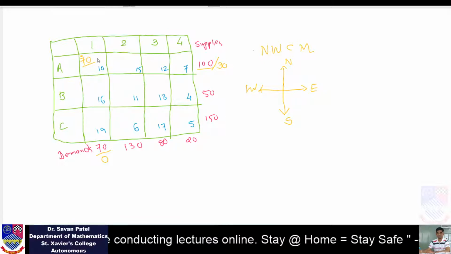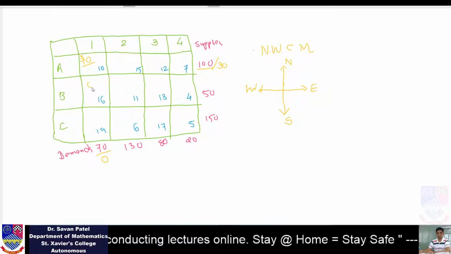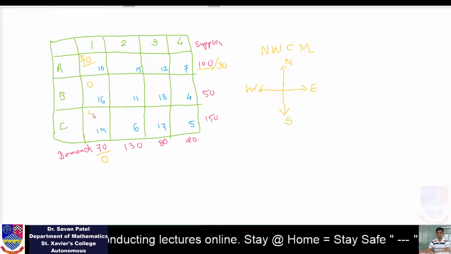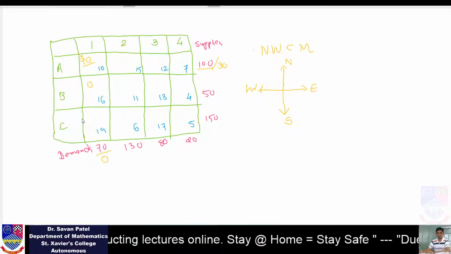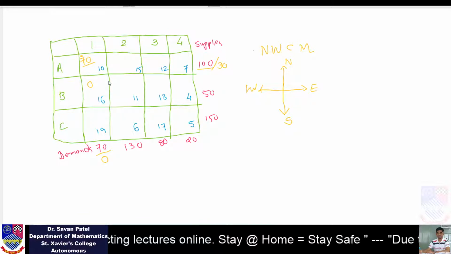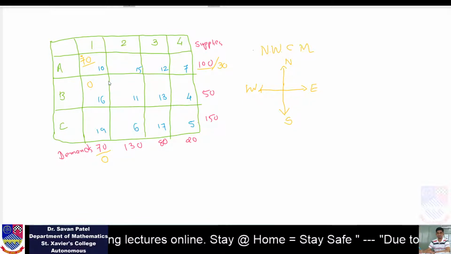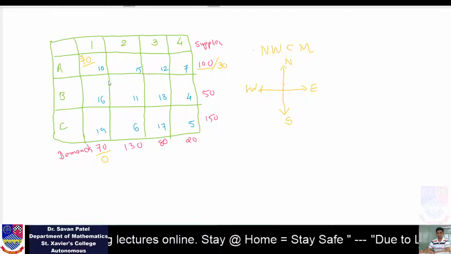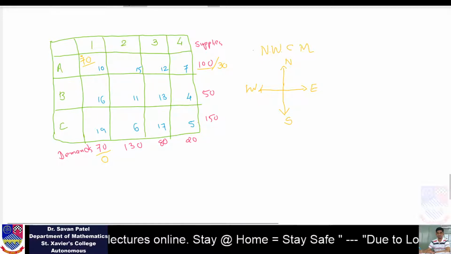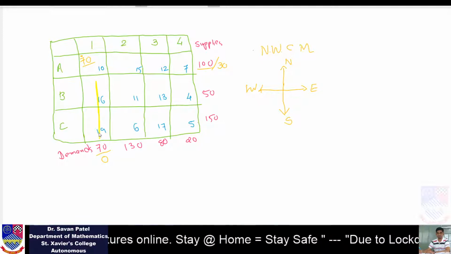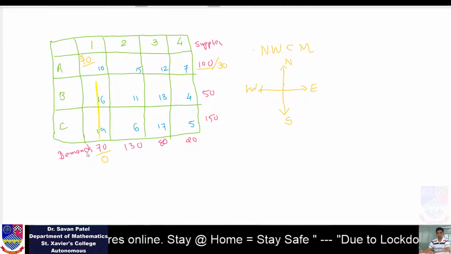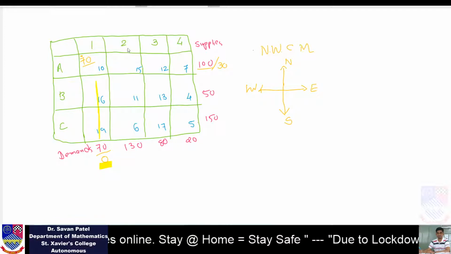Here we will cancel this column, either by writing 0 or directly cancelling it. I am highlighting it to show it is cancelled because there is 0 amount left.